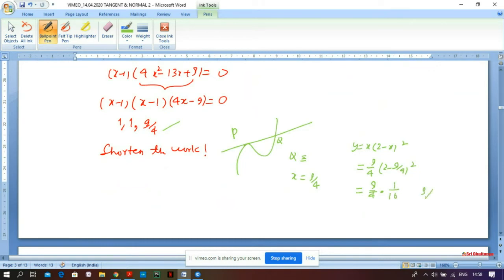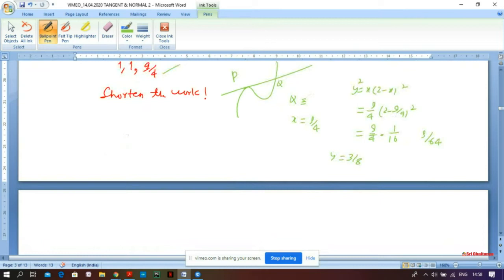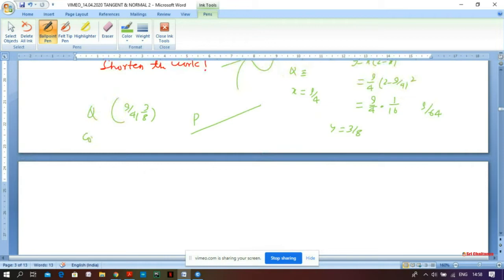And so 9 over 64. But that was y squared. So your y is 3 over 8, and because y is non-negative, you will find that the point happens to be 9 over 4 and 3 over 8. This is the point Q at which this tangent at P meets the curve again. So here I used the concept of repeated roots.